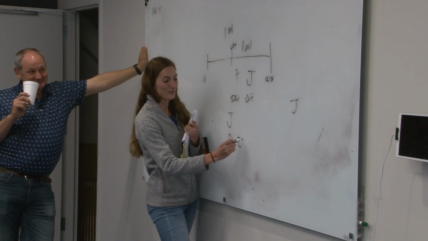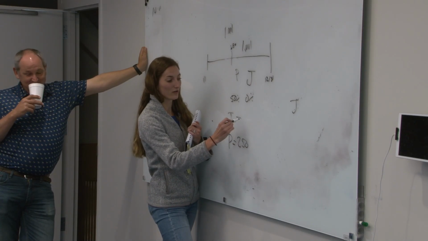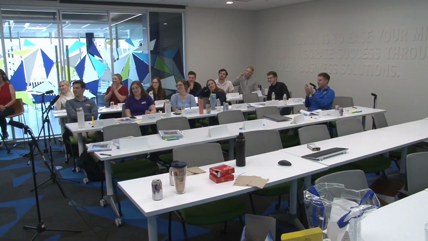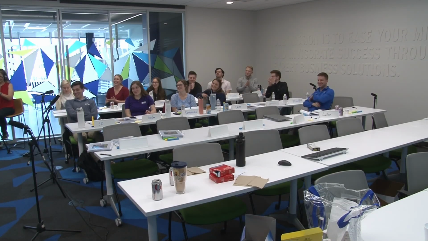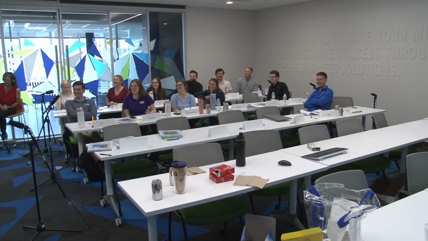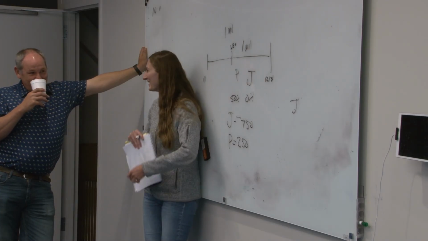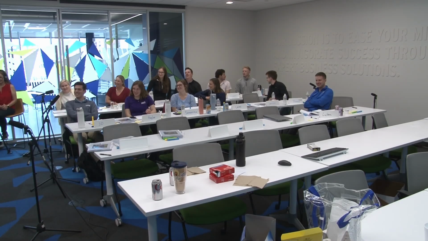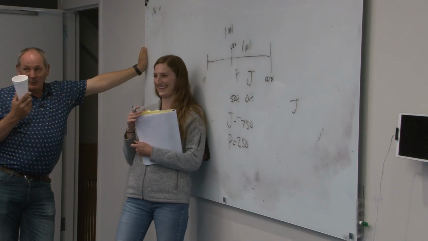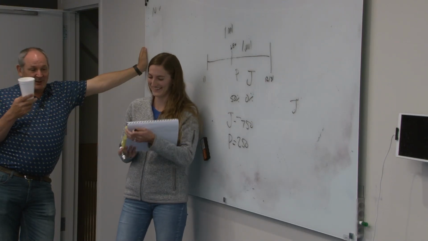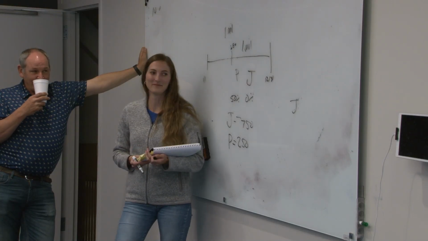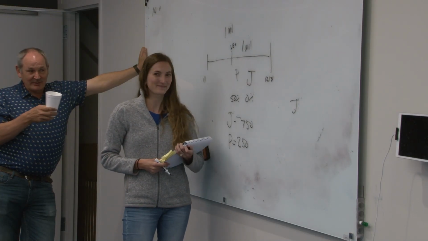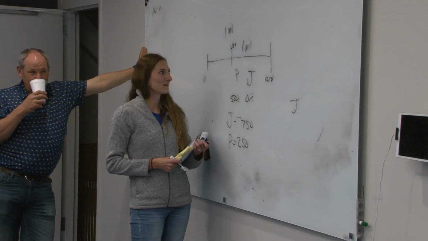I think he gets 250 total. Jay gets 750. Is that right, Michelle? I don't know. Isn't that the same as what they got when they did the election? That's right. Good job, Tatum.